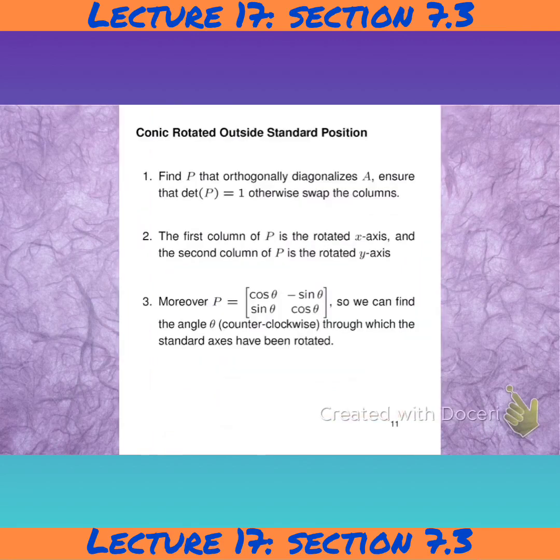Suppose we want to rotate the conic to standard position, but we're also interested in finding the angle of rotation. Then we find a matrix P that orthogonally diagonalizes A, and we make sure that the determinant of P is 1.